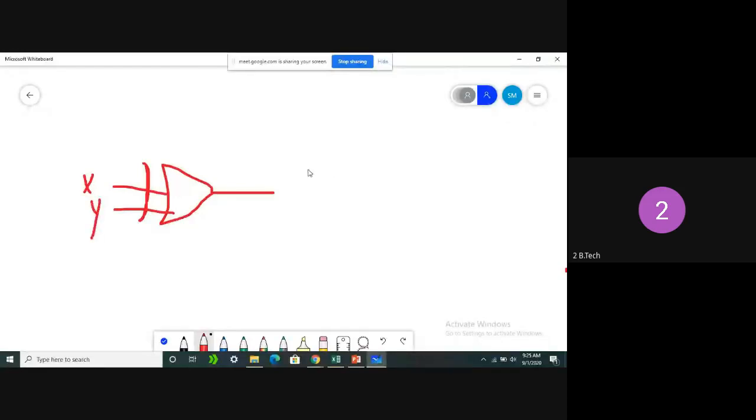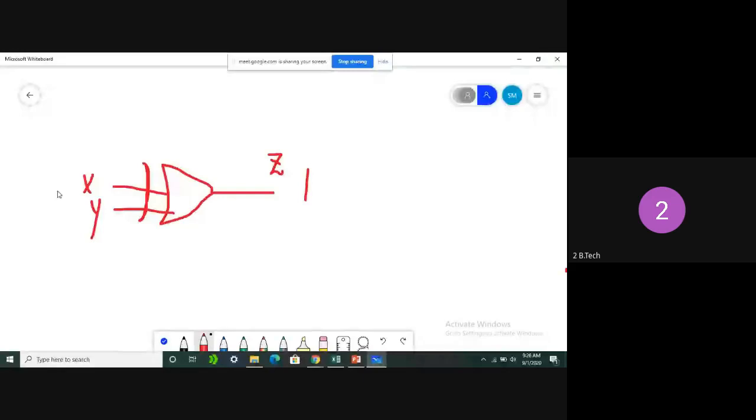Output Z will be 1 when both inputs have dissimilar logics. That is, if X is 0 and Y equals 1, then obviously output is 1. Or else X is 1 and Y equals 0, then obviously Z equals 1. Or else if X equals 0 and Y equals 0, then obviously output is going to be 0.